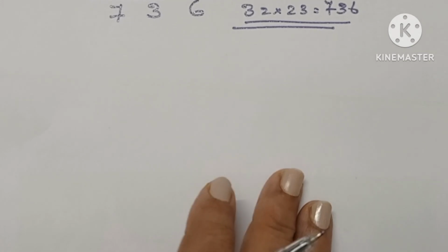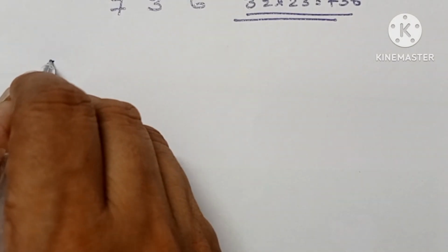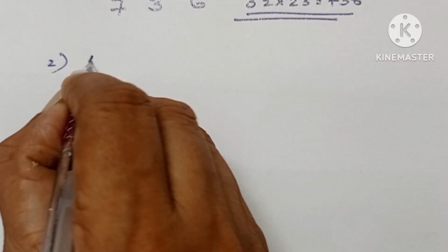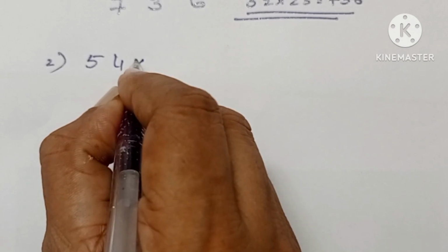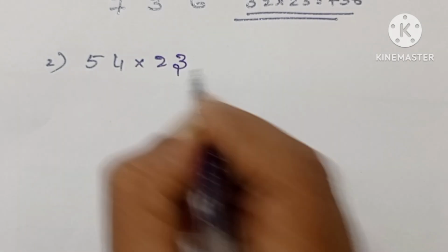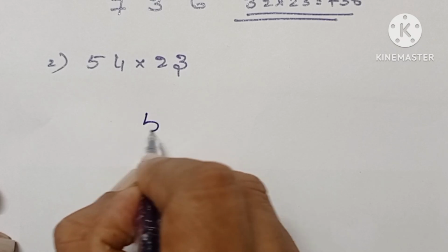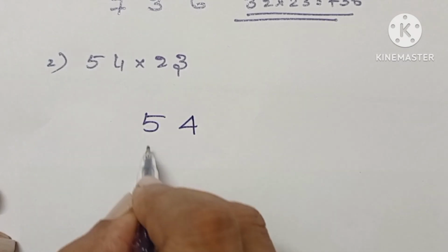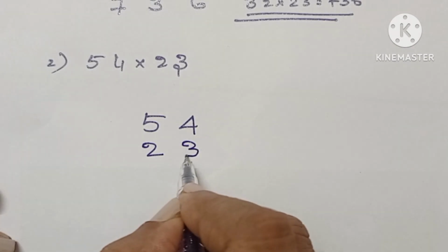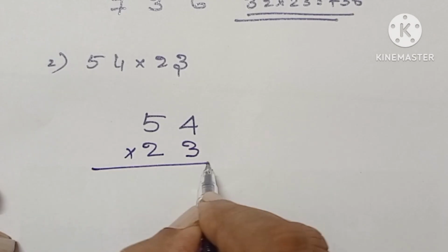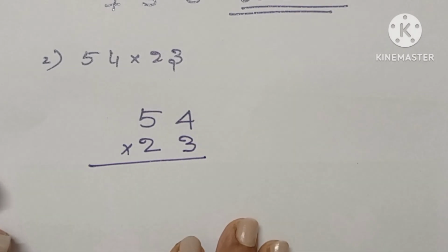Next one, 54 into 23. We are multiplying 54 with the 23.